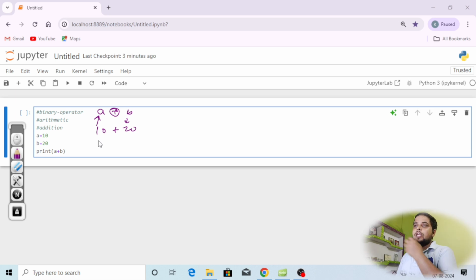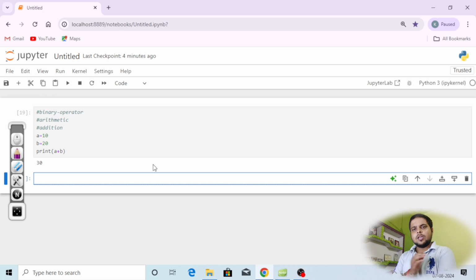So it simply adds the two numbers, which equals 30. So the output will be 30. लॉजिक समझ में आ रहा है ना? क्या कर रहे हैं यहाँ? A इक्वल्स टू 10 है, B इक्वल्स टू 20 है, प्रिंट हो रहा है A प्लस B. मतलब मैंने A को वैल्यू असाइन किया 10 और B को वैल्यू असाइन किया 20. It will give 30.